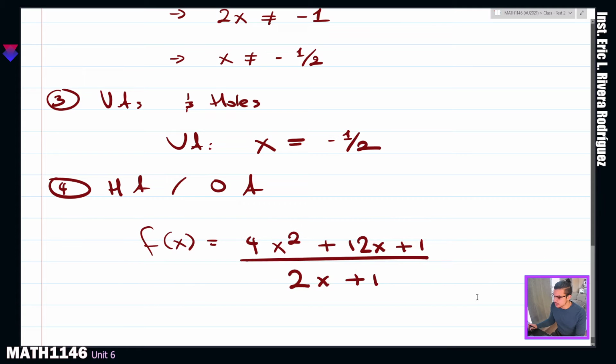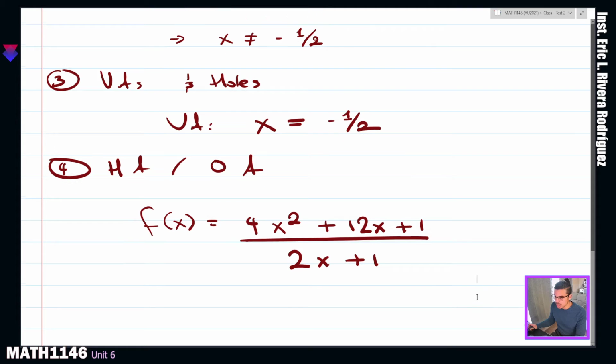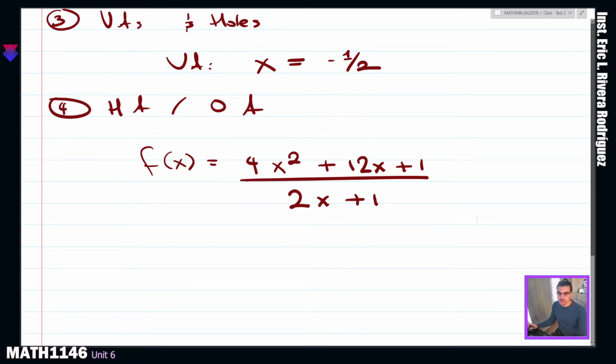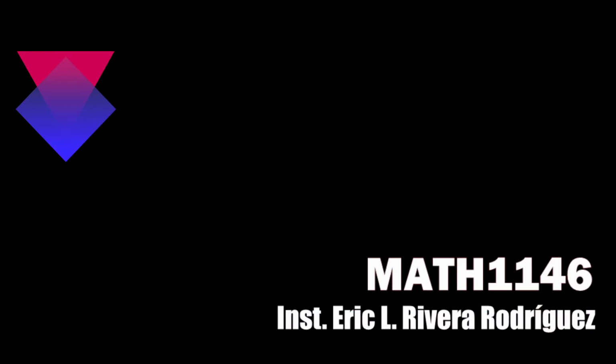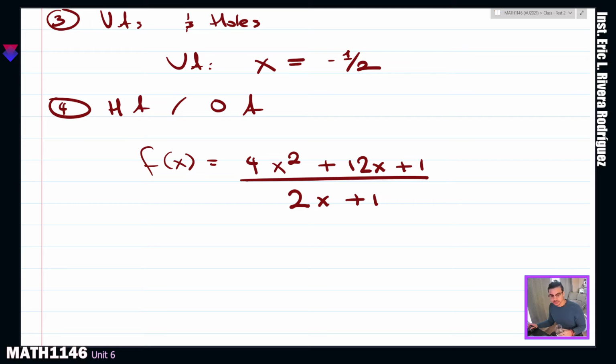Do we have a horizontal asymptote or an oblique asymptote? What type of asymptote do we have here?